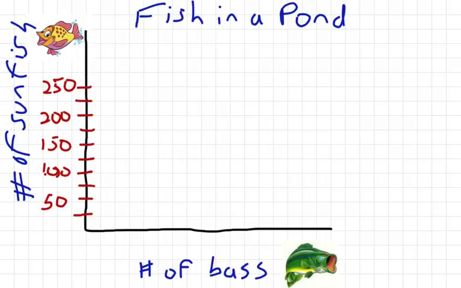Alright, now looking at the x-axis, my number of bass, my biggest number in any given year was 2011. That was 23 bass. So if I count by ones, that's going to take up way too many spots, I think. So why don't we go by twos?